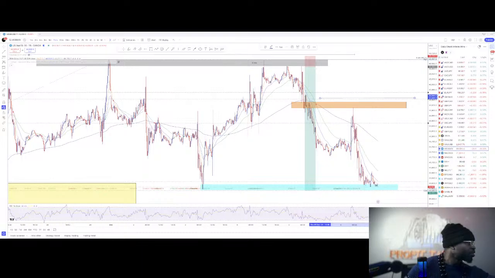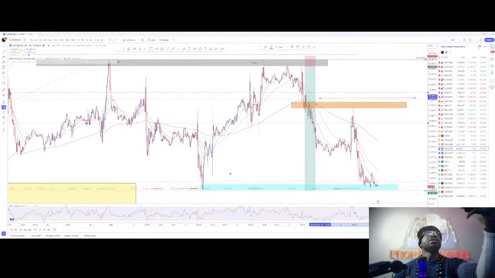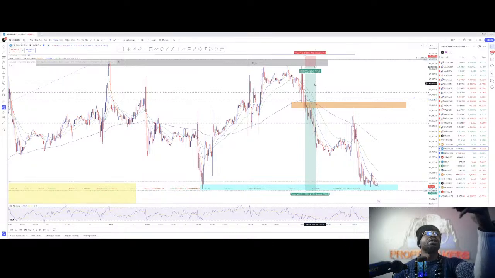So here we go with US 30. We got a stop loss in profit. We caught this entire move to the downside. This is what it looks like on the chart. That gave us a 1 to 11 move on US 30.